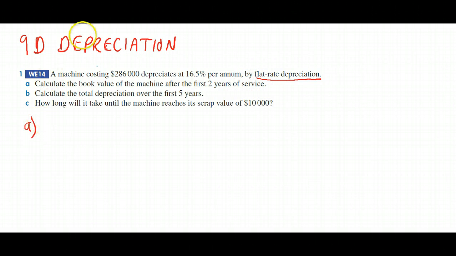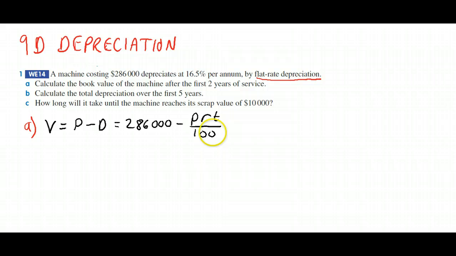So for question A, the book value, V, is going to be the initial cost, or in other words, the purchase price, P, minus the amount of depreciation. We know the purchase price already was $286,000, so we've just got to work out the depreciation, and for flat rate depreciation, the formula is PRT over 100.